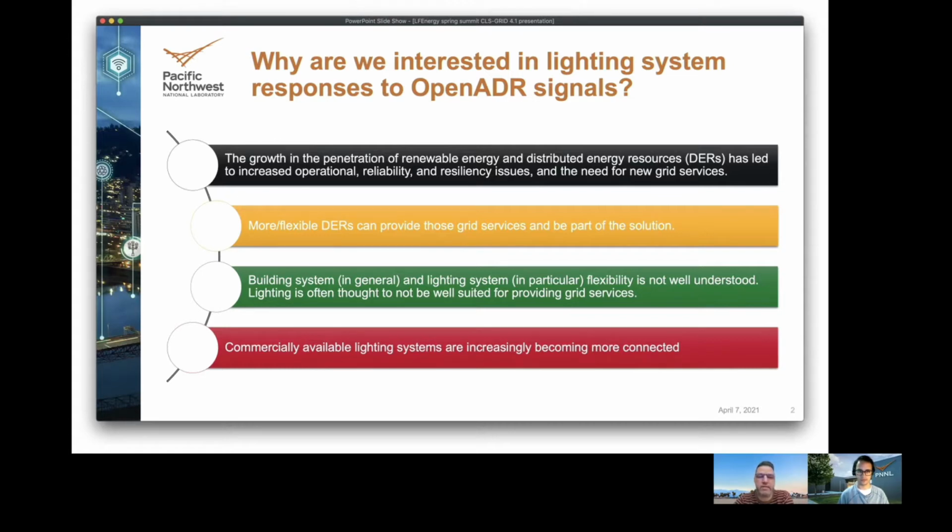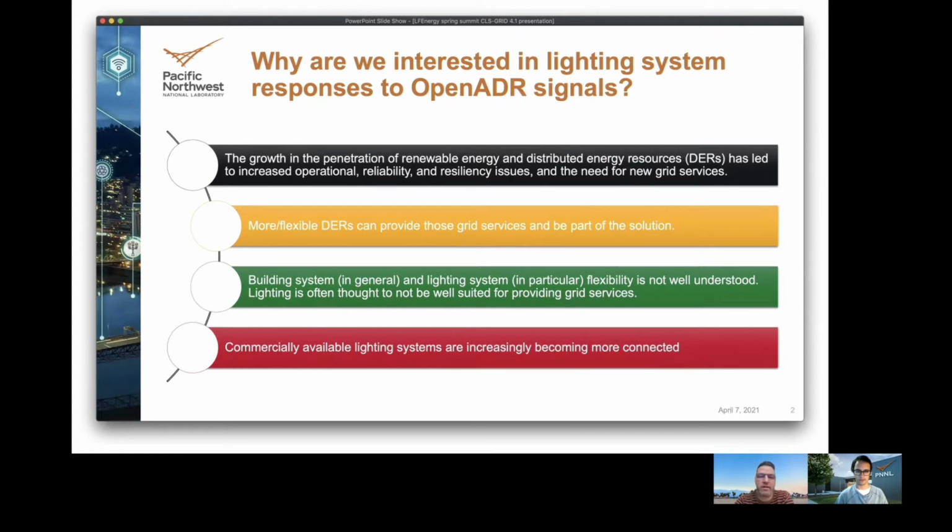Buildings have many systems that have varying demand, and if they could be flexible in when and how much demand they are requiring, they might be able to help mitigate grid issues as just discussed. However, building system flexibility in general, and lighting system flexibility in particular, is not well understood.